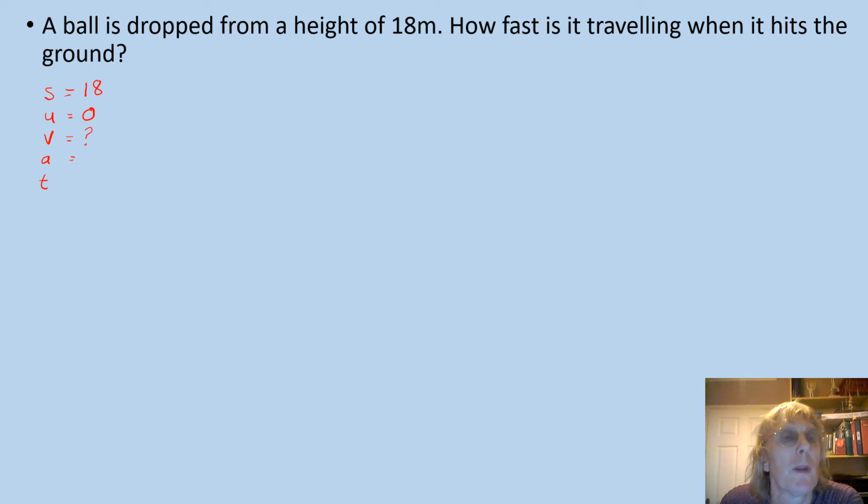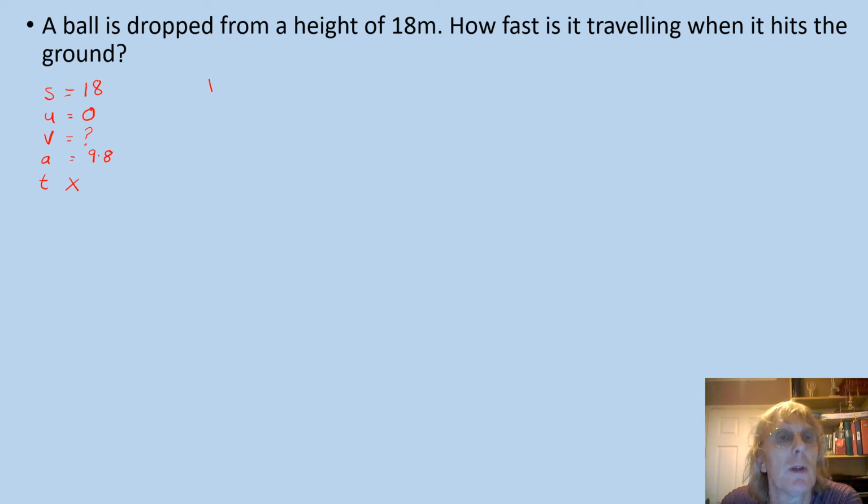Acceleration. This time I'm working downwards, so the acceleration due to gravity is actually positive. So it's 9.8. And T, again, not interested in.